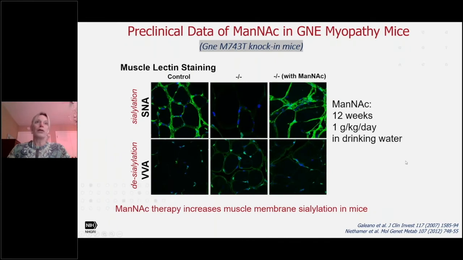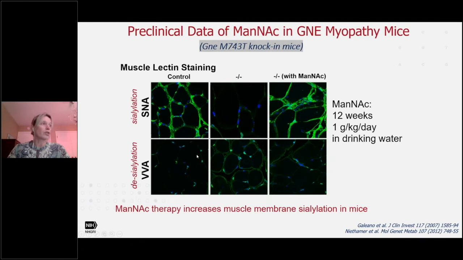So then we have also used these lectins in our mouse models of GNE myopathy. A mouse model of GNE myopathy shows the same lectin staining pattern as humans. So full sialylation in control mice and absent SNA signal in mutant mice. The same for VVA.